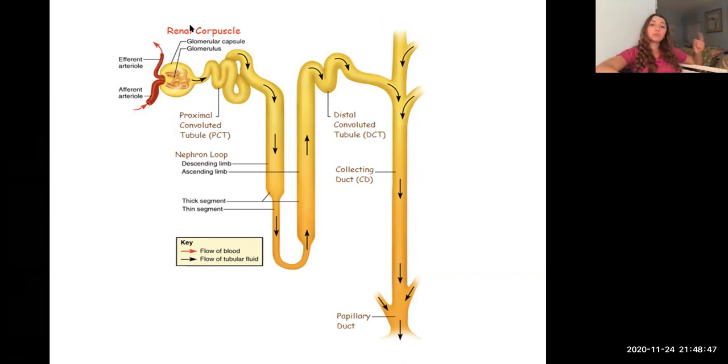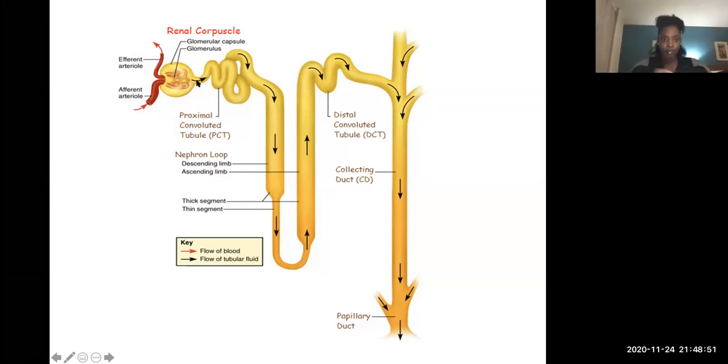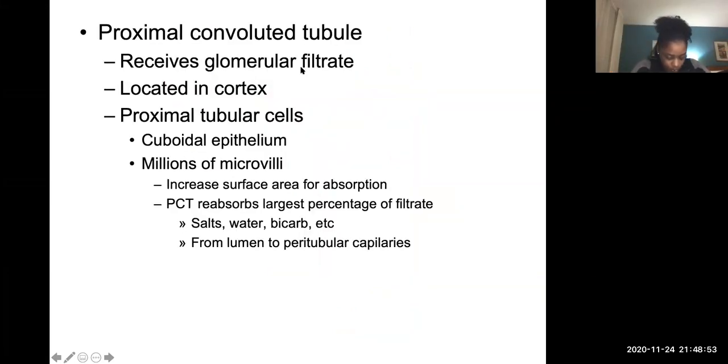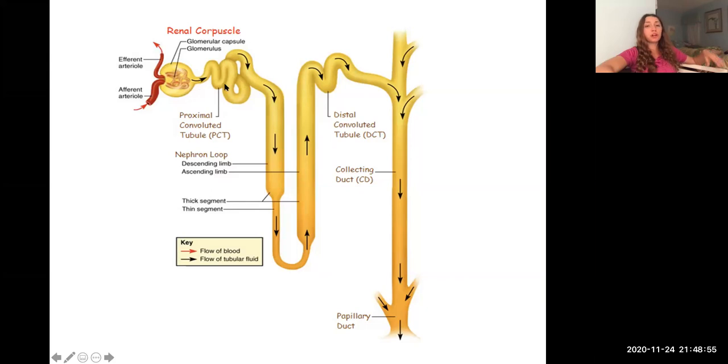When it comes right off the glomerulus, this is called the glomerular filtrate, which is right here. It receives the glomerular filtrate, and then it's the tubular filtrate. And it's the tubular filtrate all the way up until the end of the collecting duct, when it dumps it into the renal papilla. And when it does that, then after that, it's called urine.